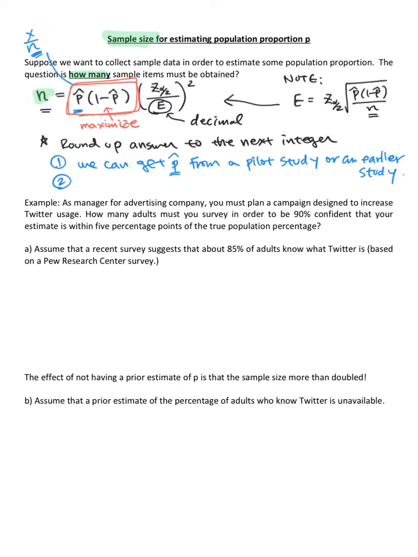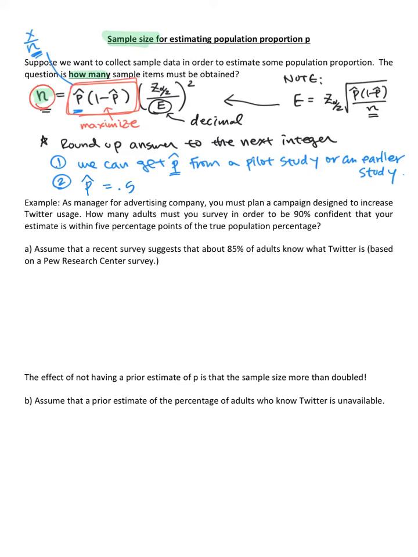Why? Because we want to maximize our sample size that is required to achieve our confidence level and margin of error. Okay, so to maximize this product, we're going to use p hat equals 0.5, which is 50%.